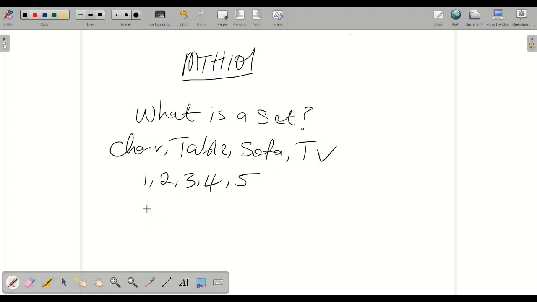I can say Ayo, Ken, Bayo, Jafet. This is also a list. But can we consider them as a set? Remember the definition. We said a set is a list of objects, a collection of objects, or a class of objects.